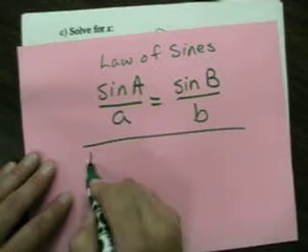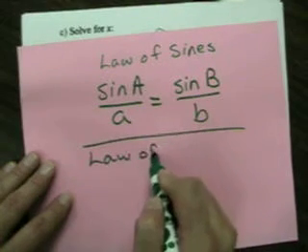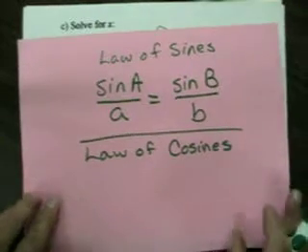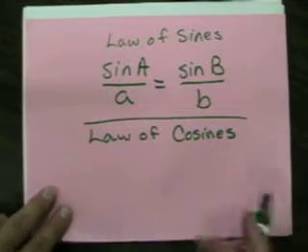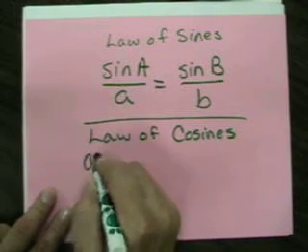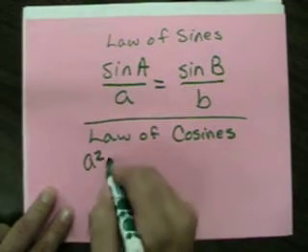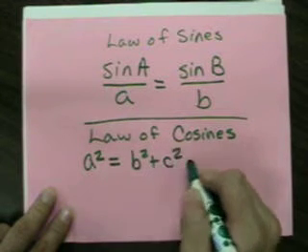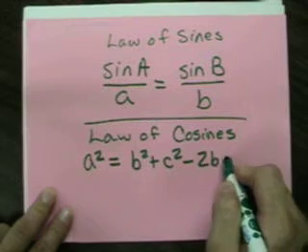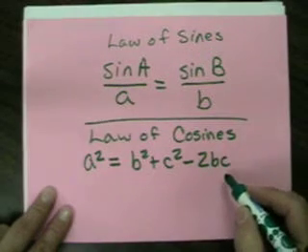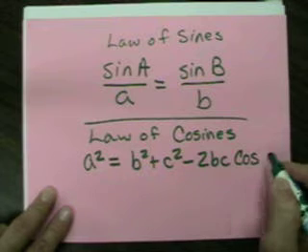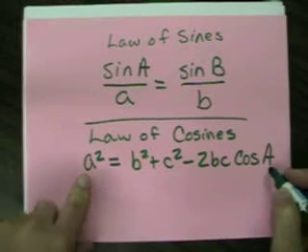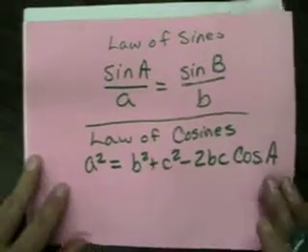The law of cosines, there are 3 of them, and I'm only going to give you one. If I'm trying to find side a, then a squared equals the squares of the other 2 sides added, minus 2 times the other 2 sides times the cosine of the angle that matches the side you're looking for. So those are there.